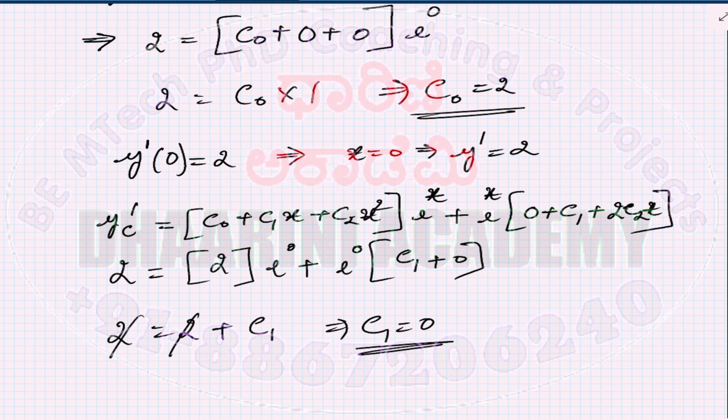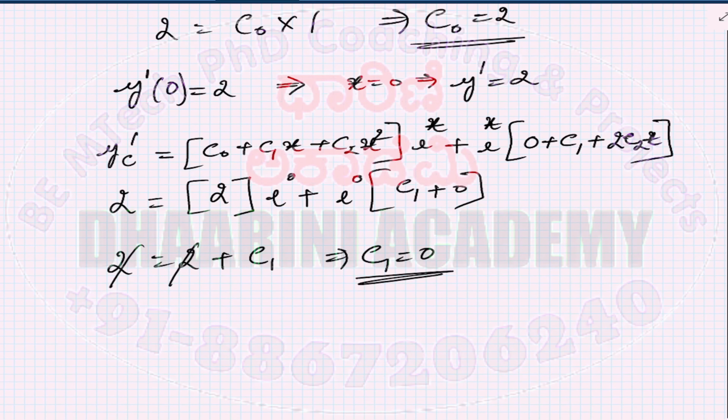Okay, I got this. So I got a value of c0, I got a value of c1. Now I need to calculate the value of c2. How to find the value of c2? Use the third value that is given in the problem. In the problem statement, they also mention that y double dash of 0 is equal to 10.